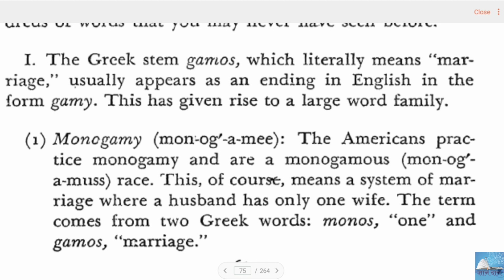The Americans practice monogamy and are monogamous. This, of course, means a system of marriage where a husband has only one wife. The term comes from two Greek words, monos, one, and gamos, marriage.